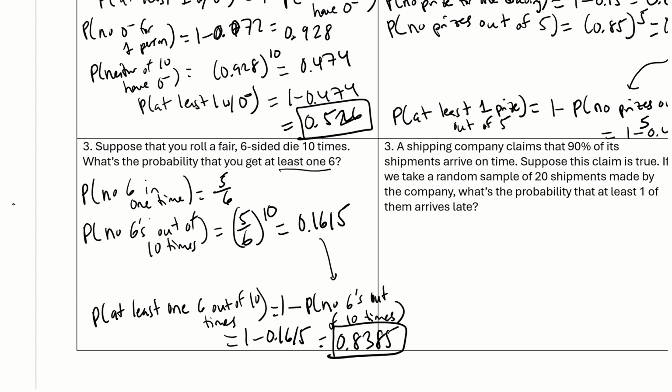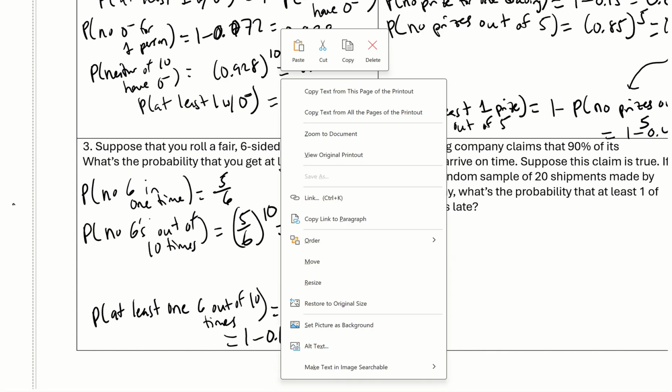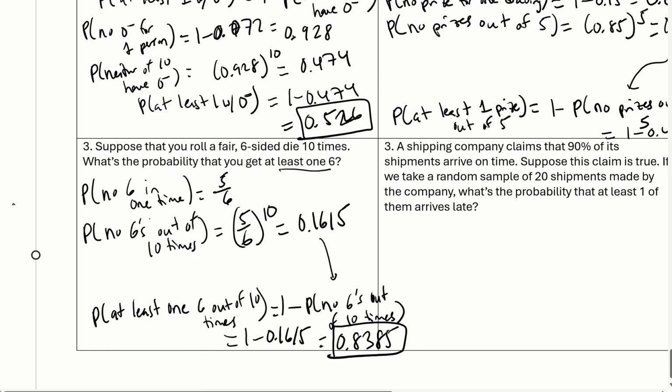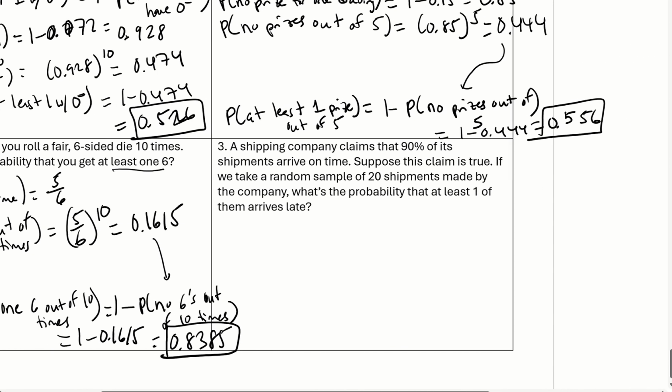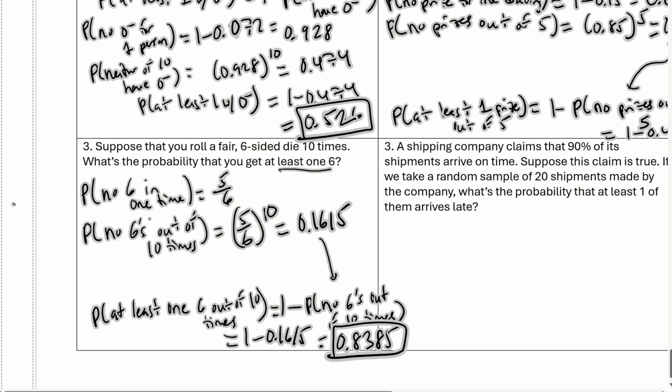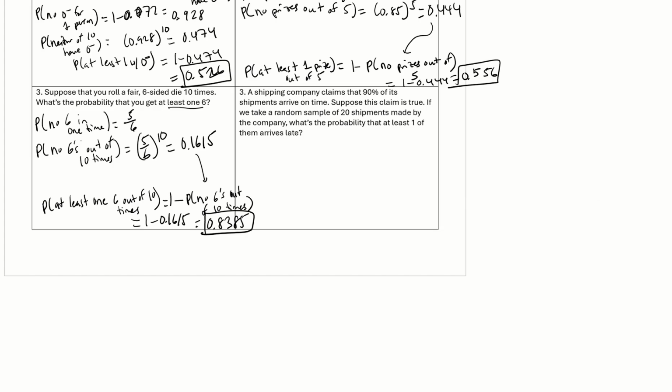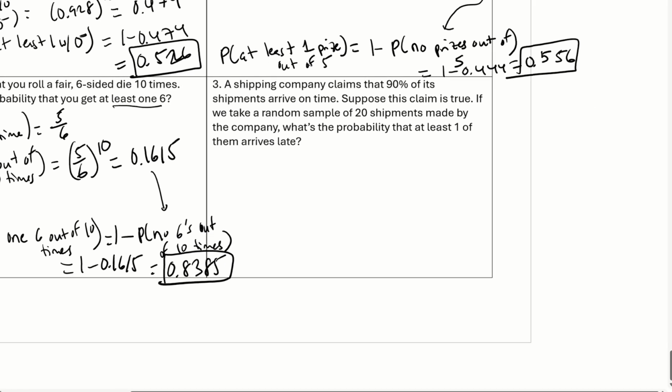Okay, all right, so now the next one, a shipping company claims that 90% of its shipments arrive on time. Suppose this claim is true. Okay, let me zoom out a little bit. If we take a random sample of 20 shipments made by the company, what's the probability at least one of them arrives late?